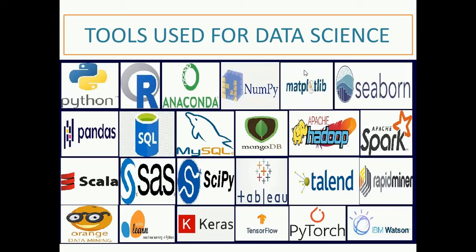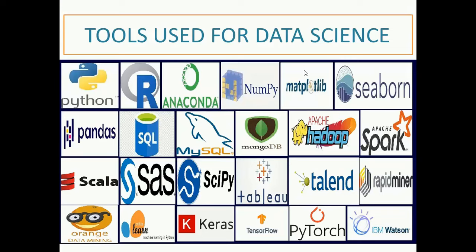MySQL is a relational database system, MongoDB is a NoSQL database system, Hadoop is a big data framework, and Apache Spark is another big data framework. Then Scala, SAS, SciPy, Tableau for business intelligence, Talend for ETL, RapidMiner as a data mining tool, and Orange as another data mining tool.